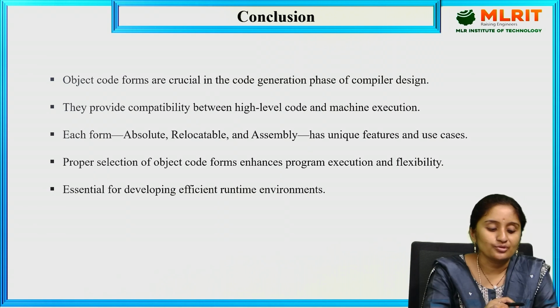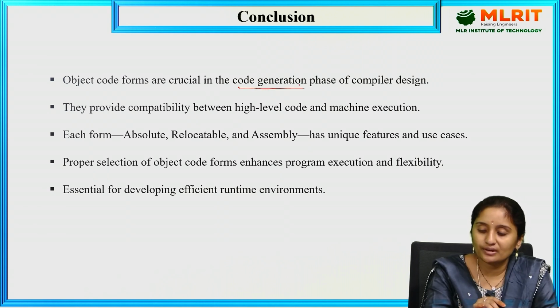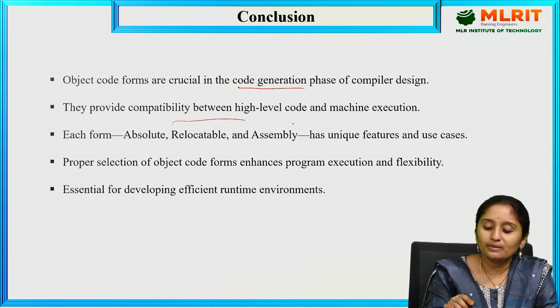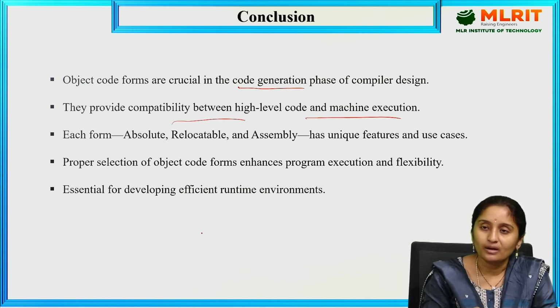Here the conclusion. The object code forms are very crucial in the code generation phase, as code generation is the final phase of a compiler, and the output it generates is the target code, which is the object code. They provide compatibility between high level and machine execution, from the source program to the execution program.